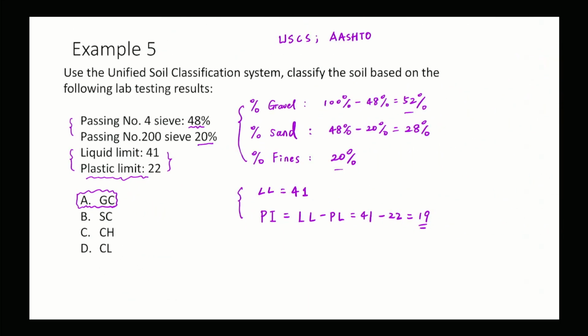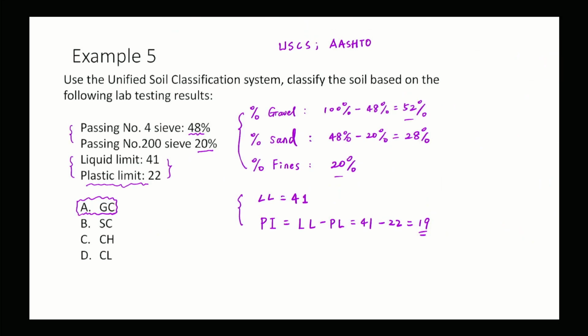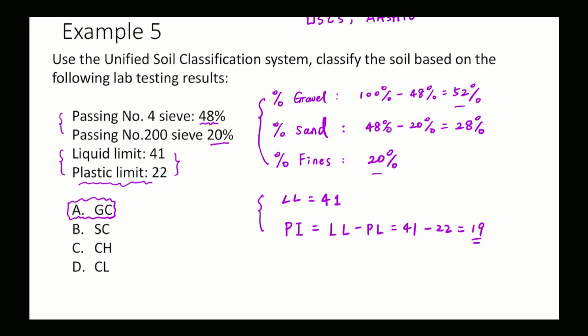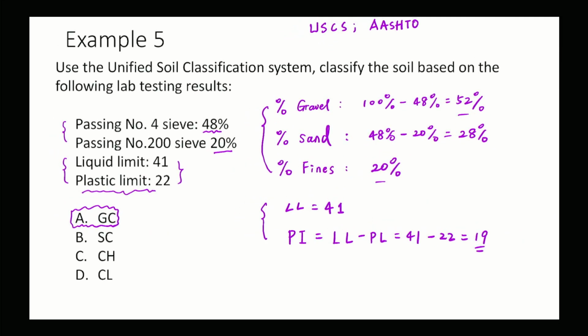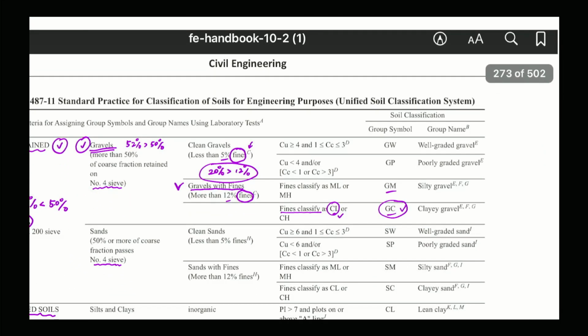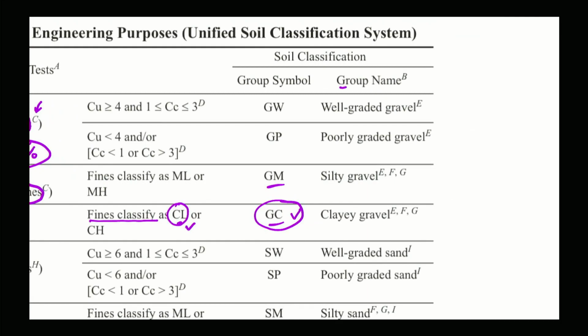Okay, so sometimes, it could be rare, but sometimes they would also ask you to provide the group name. Because a group symbol can be a lot, but the group name can be a little bit more specific.